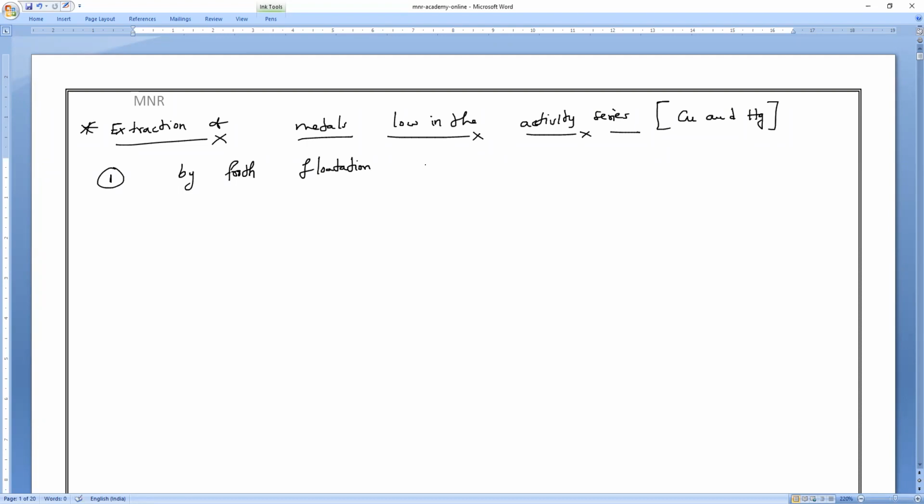With this, we can increase the concentration of the ore. Then the second process is roasting, followed by reduction. The main point is roasting and reduction only.